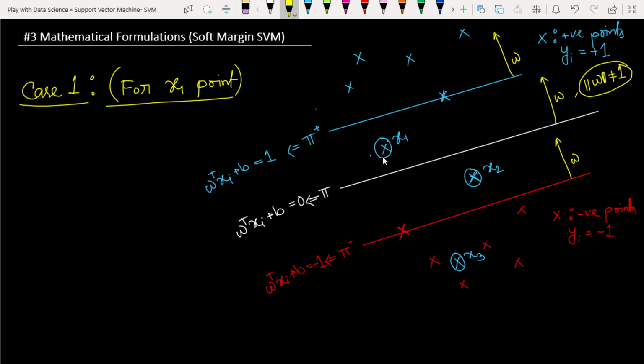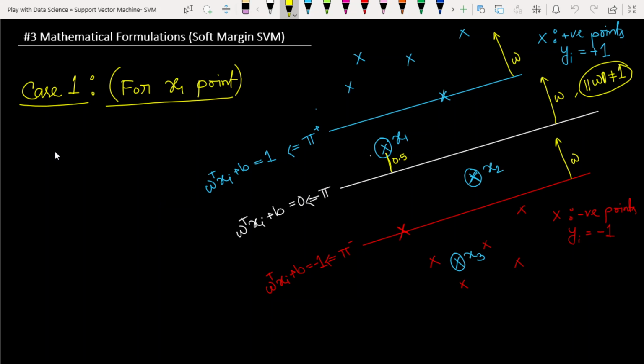Let's take the distance of the point from the plane pi to be 0.5. This is our pi plane, this direction is the positive point direction, and this direction is the negative point direction. The x1 point lies in the positive direction, the same direction as W.